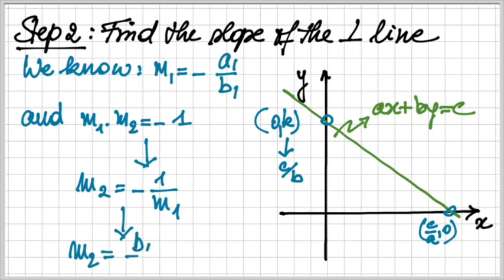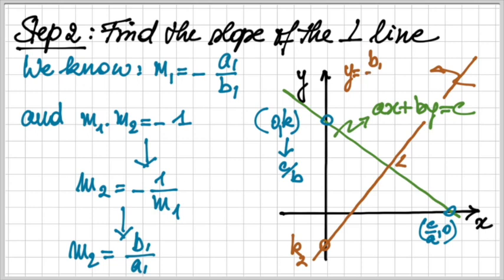Replacing m1 by minus a1 divided by b1, we find that m2 is b1 divided by a1. This gives us the possibility to draw the perpendicular line, which has to pass through the y-intercept k2, and the equation is y equal to b1 divided by a1 times x plus the y-intercept k2.